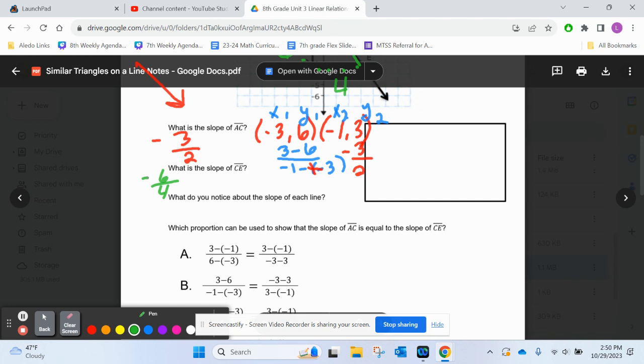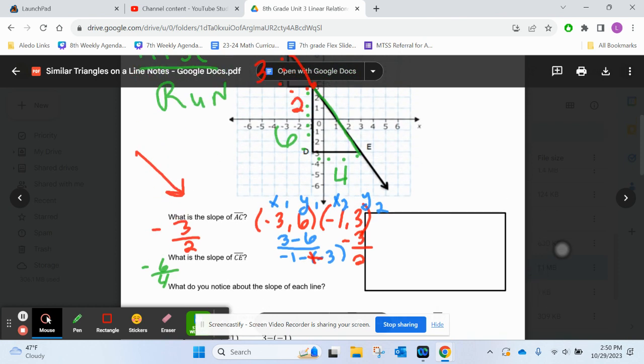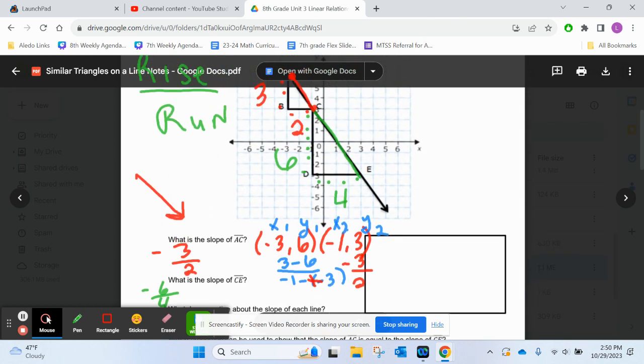Let's do the same thing that we did with line AC and write down some coordinates. I've run out of room here, so I'm going to write it over here to the right. Point C, we already knew was -1, 3. And then point E is 3, -3.